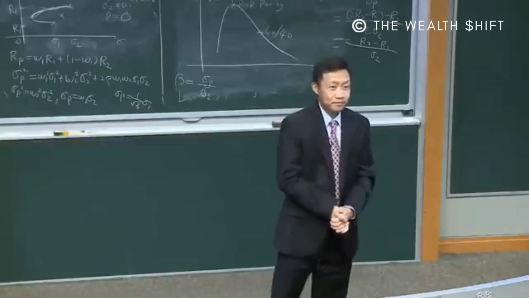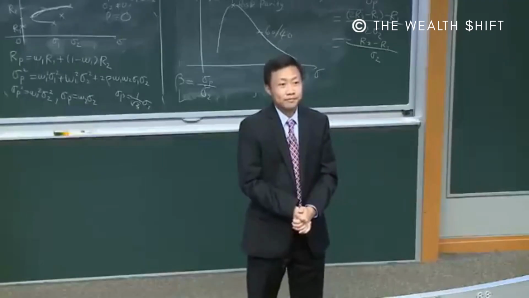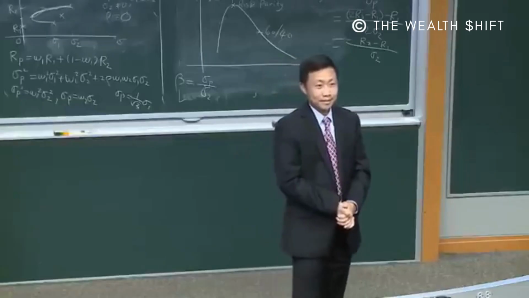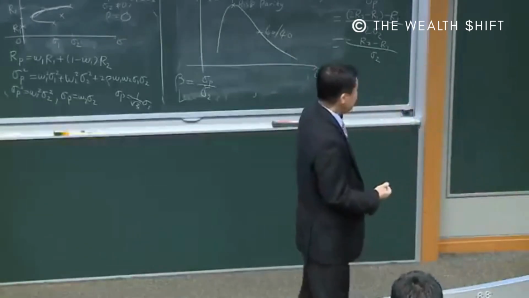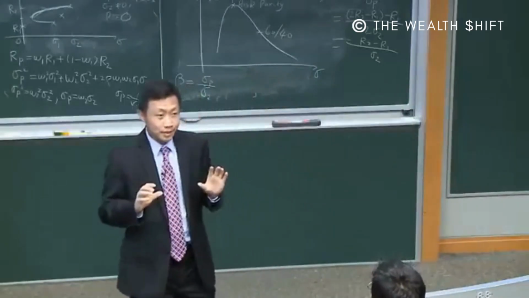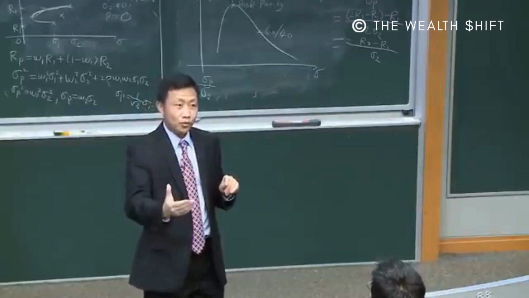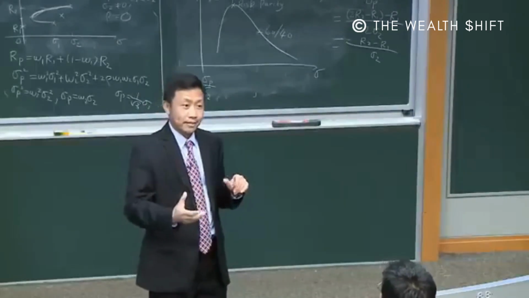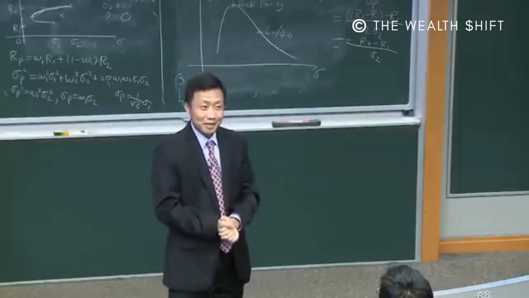Yep. Dan? Can you talk maybe about why some of the risk parity portfolios did so poorly in May and June when rates started to rise, and what about their portfolio caused them to do that? Good question, right? As you can see here, what the risk parity approach does is essentially weight more on the lower volatility asset. The question is, how do you know which asset has low volatility?